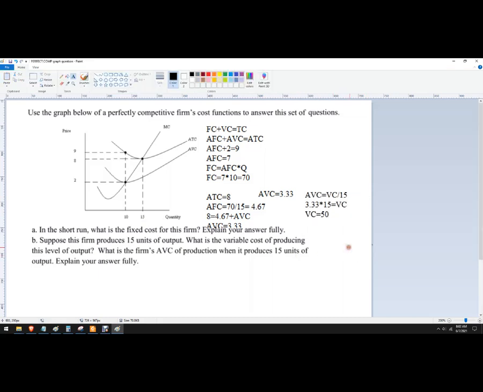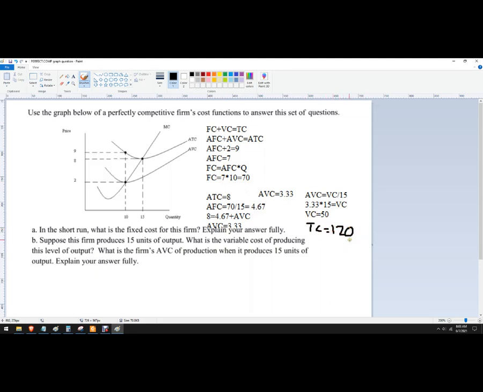Now, we weren't asked this question, but the total costs facing this firm are pretty easy to calculate because our fixed cost didn't change. So our fixed cost is 70. Our variable cost is 50. If you add those together, our total cost is going to be 120.